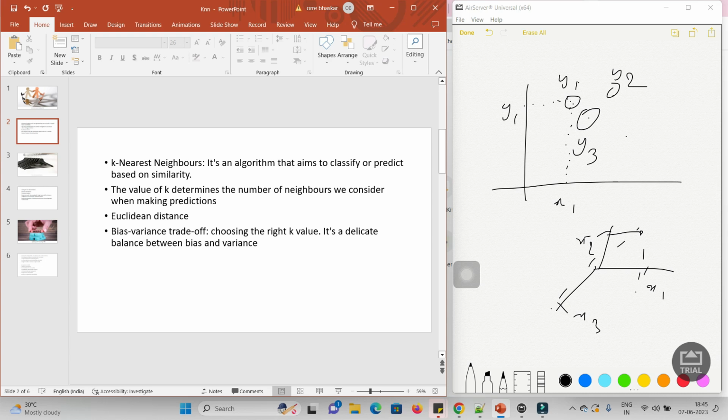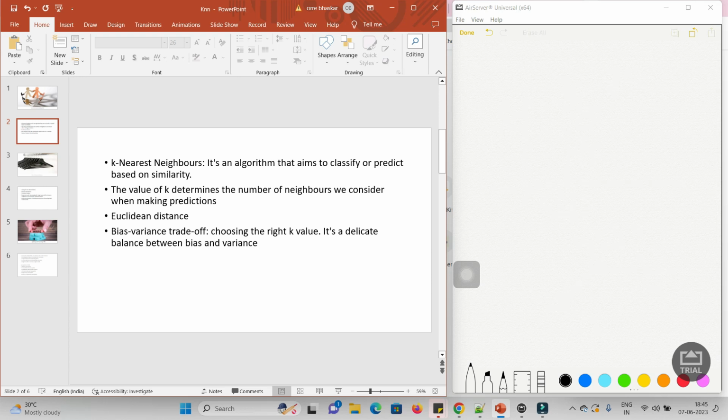So in this plot, y1 and y2 are two data points and are dependent on the features. So x1 is a feature and y1 is dependent on x1. Y1 and y2 are close if they have similar features. Let's take an example. So x equal to 1, 2, 3.